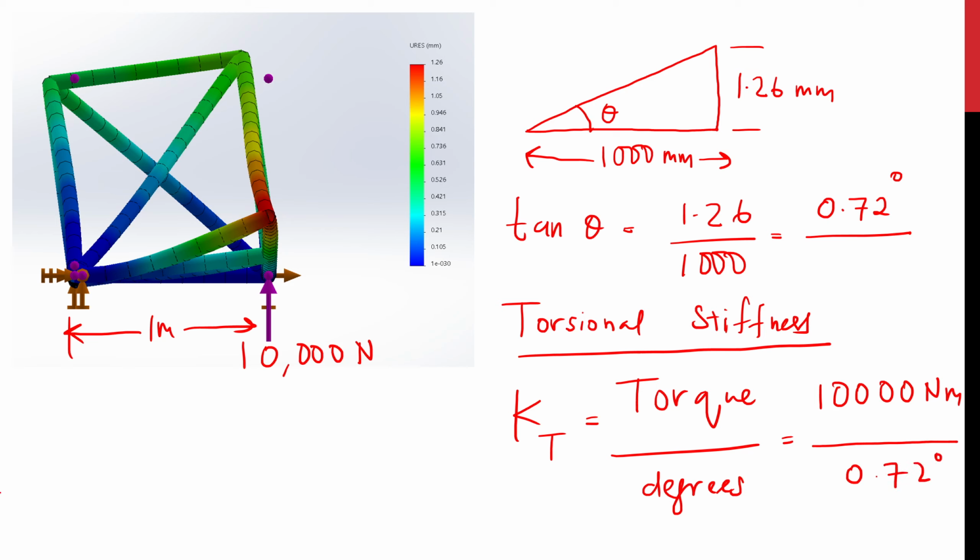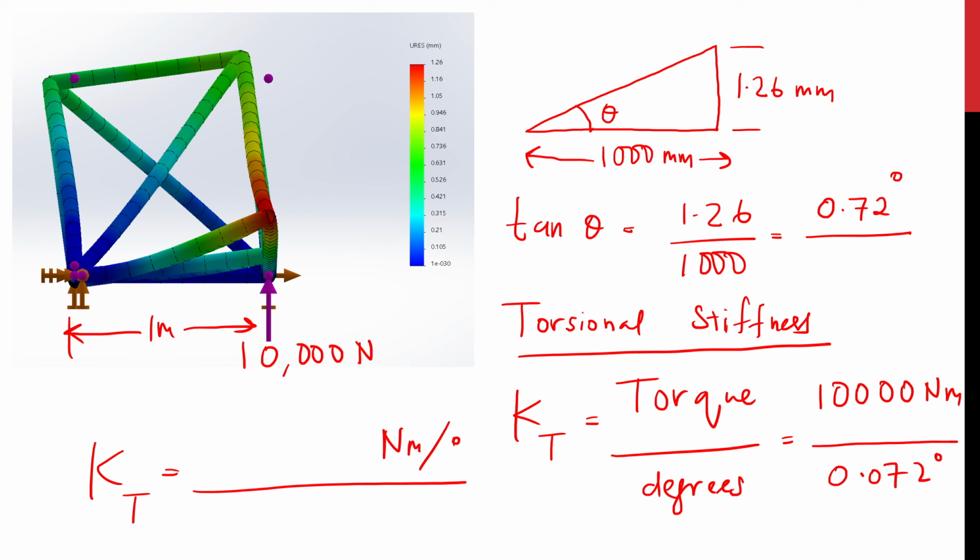So we get torsional stiffness, whose unit is Newton meter per degree. 10,000 divided by 0.72. Oh, 0.072, not 0.72. 0.072.